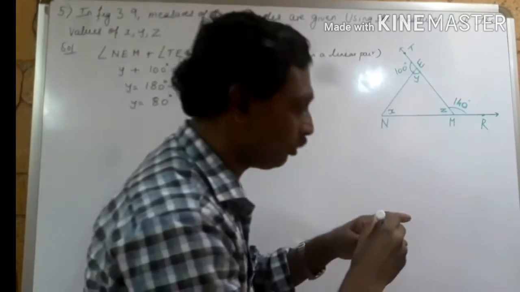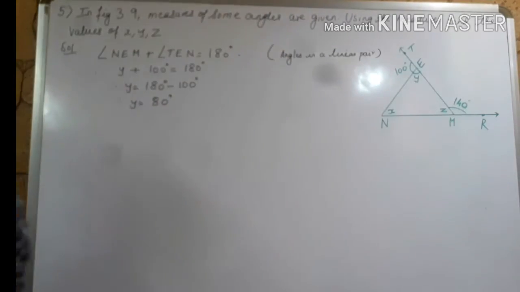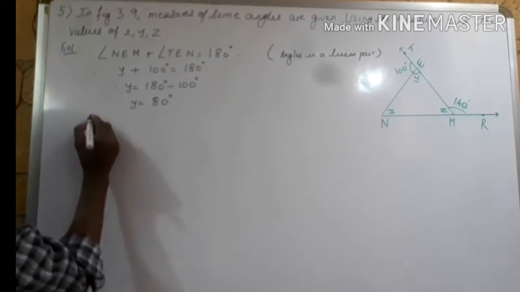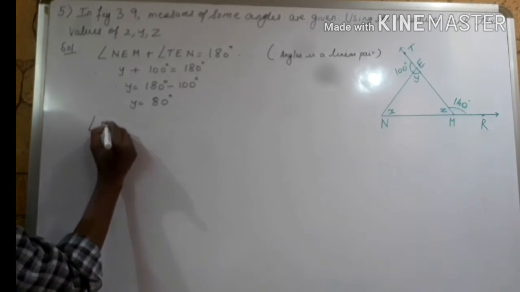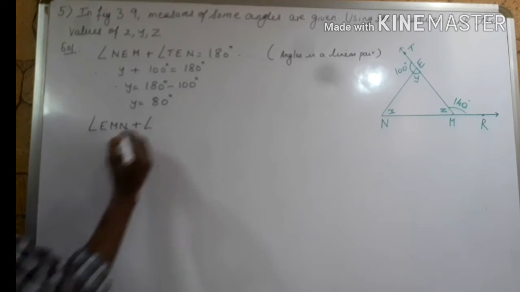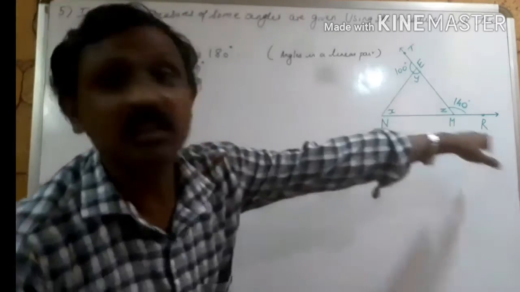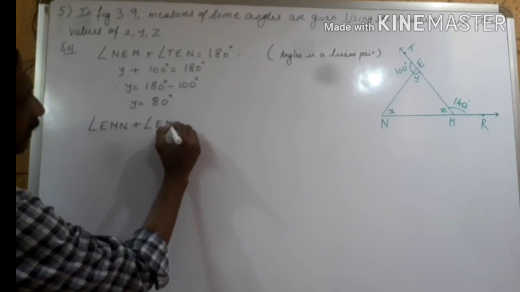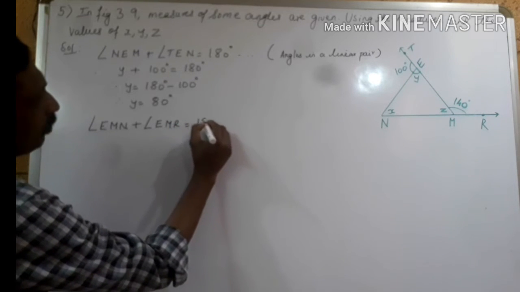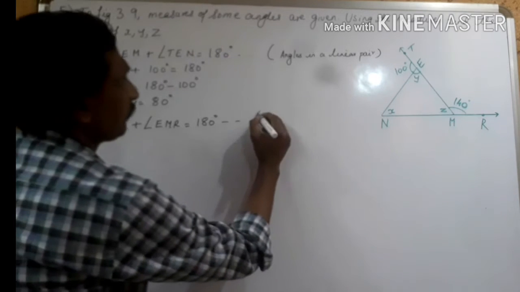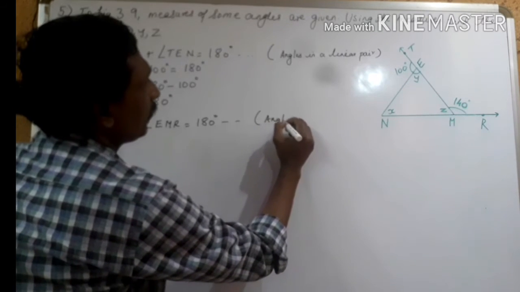Now I got the value of y. Let us see how we get the value of z. To get the value of z, angle EMN plus angle EMR is equal to 180 degrees. Again, same reason, angles in a linear pair.